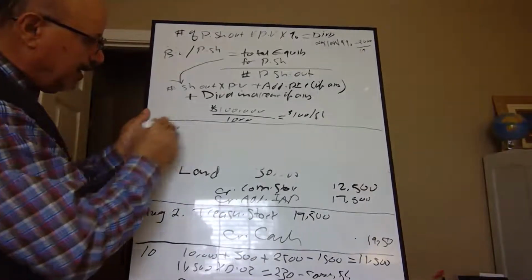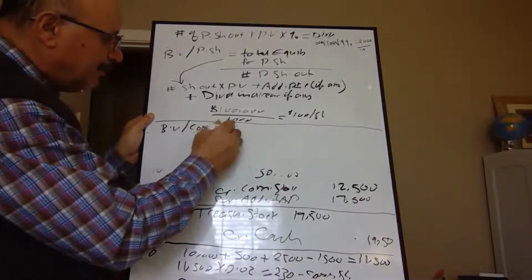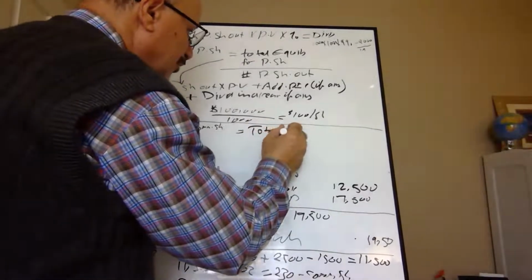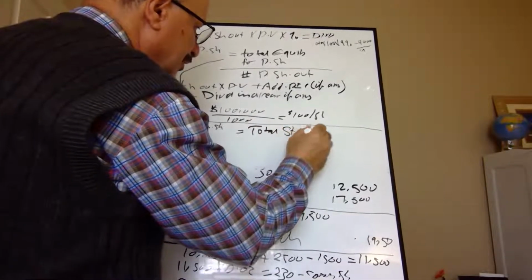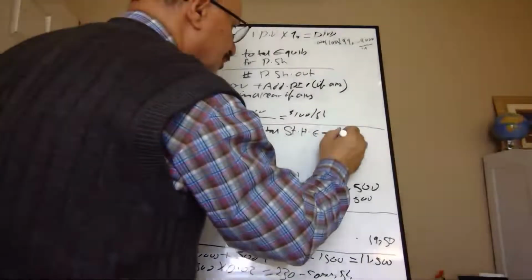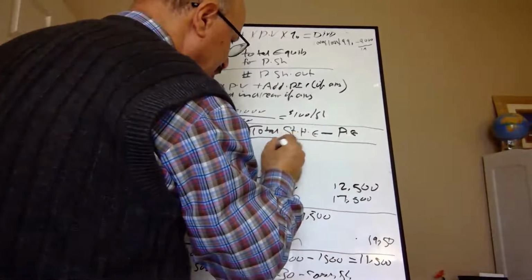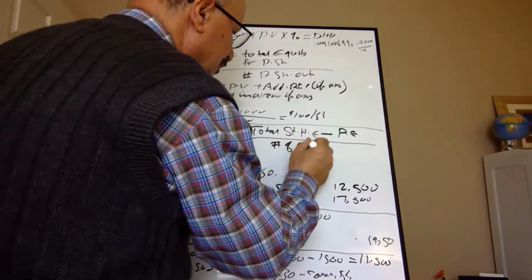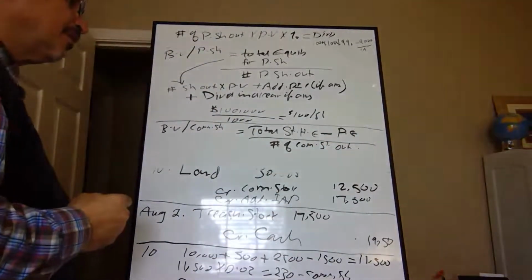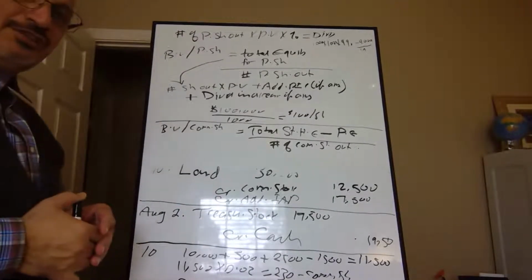Book value per common share is equal to total stockholders' equity minus preferred equity, divided by number of common shares outstanding. Okay? Well, in this case, we didn't figure out the total stockholders' equity at this point.